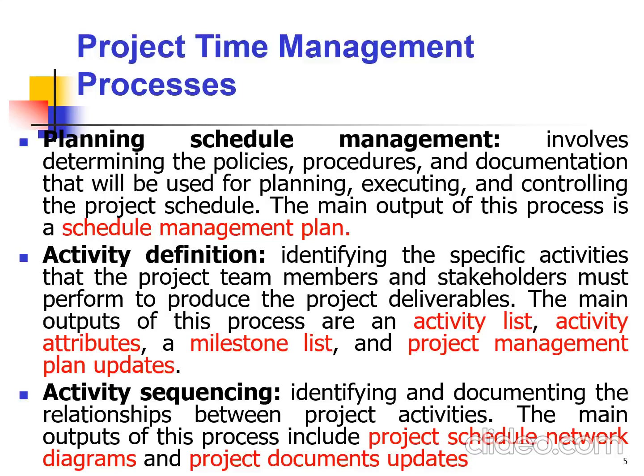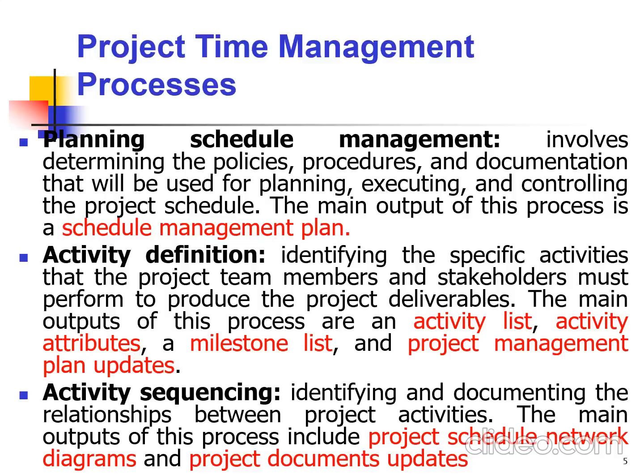So we also have activity definition, which involves identifying the specific activities that the project team members and stakeholders must perform to produce the project deliverables. So the main outputs under this include activity list, activity attributes, milestone list, and project management plan updates.